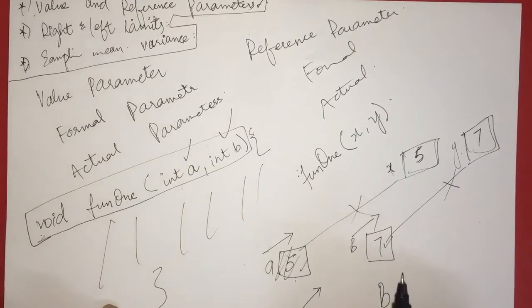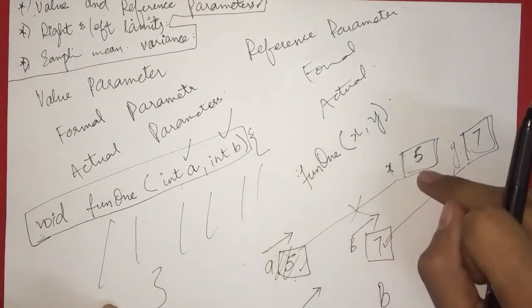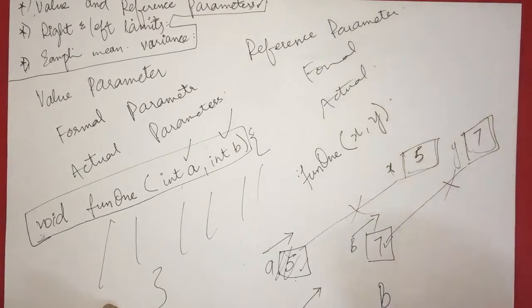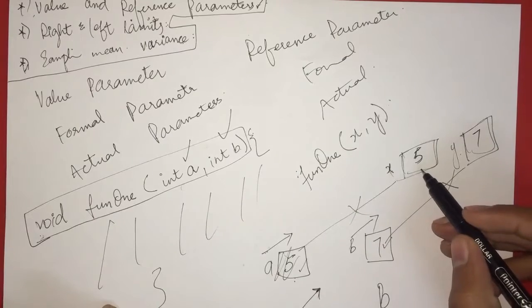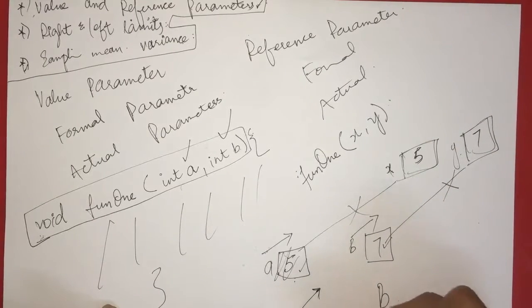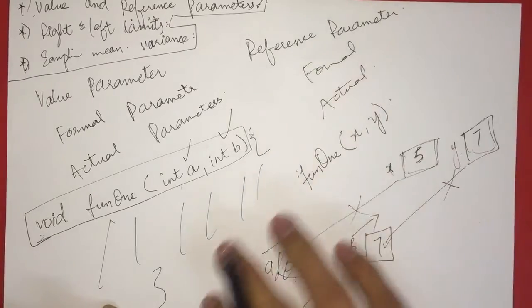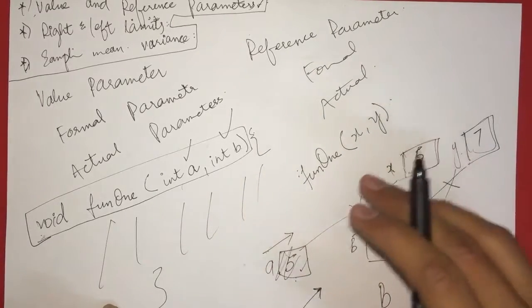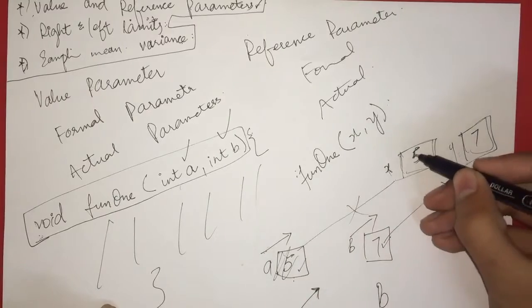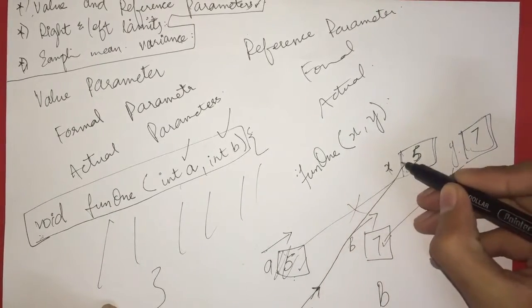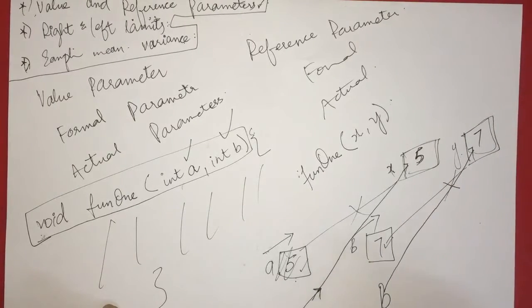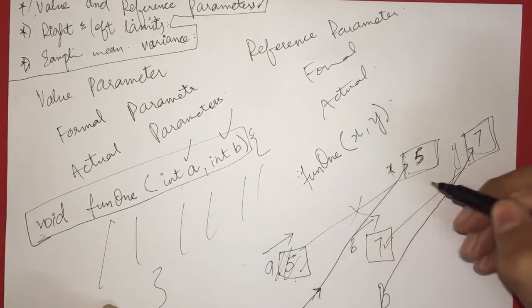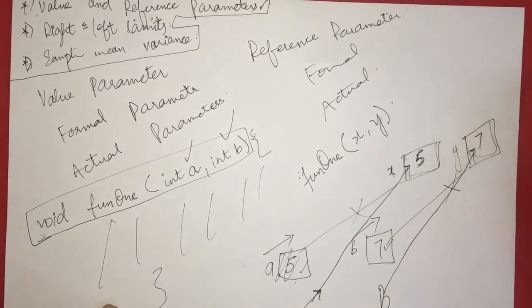That means the address of your actual parameter is going to be the address of your formal parameter. So the addresses are the same, so the values are also the same. It's going to refer right here, and b is going to refer right here. They don't get separate memory spaces inside the RAM. They just refer to the values of your actual parameters.